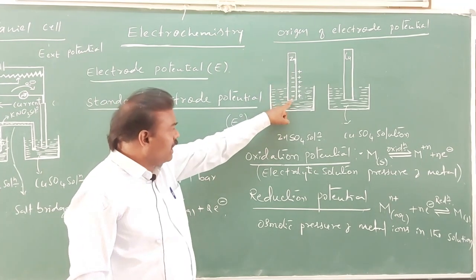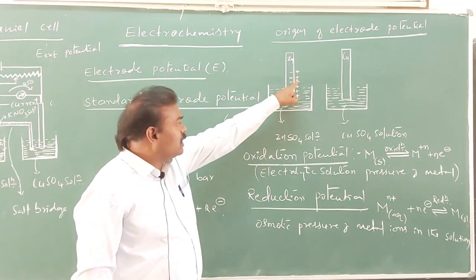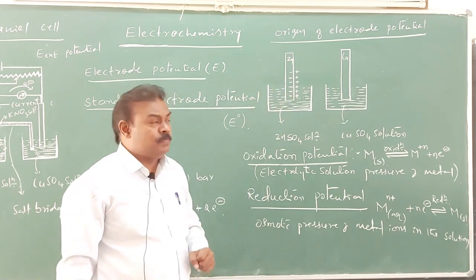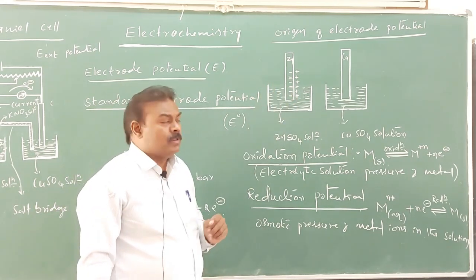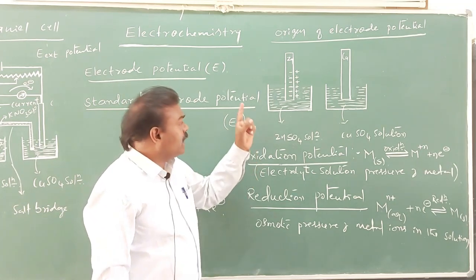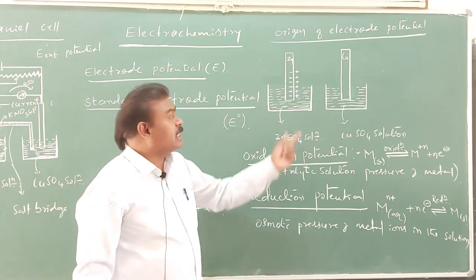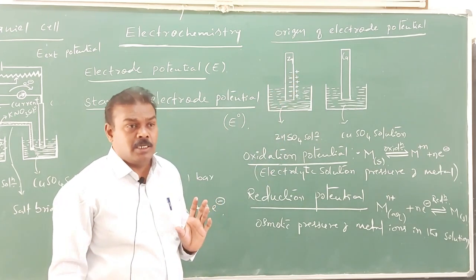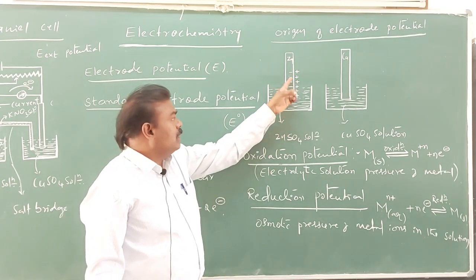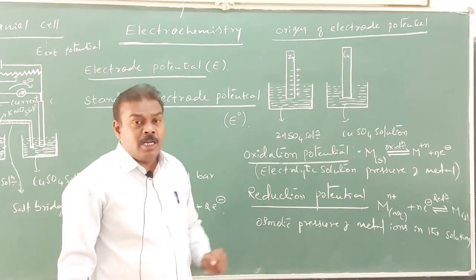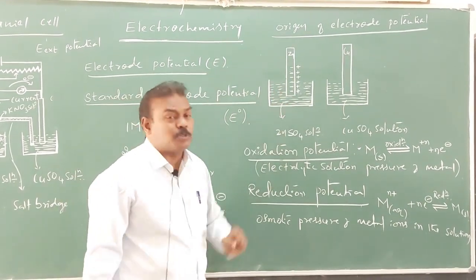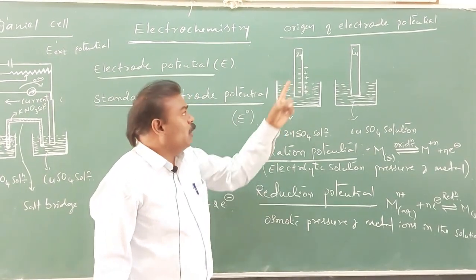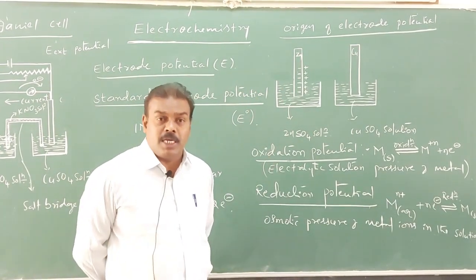It is a negative layer on the rod, and from the solution it is a positive layer. The development of that electrical double layer is responsible for the development of electrode potential.